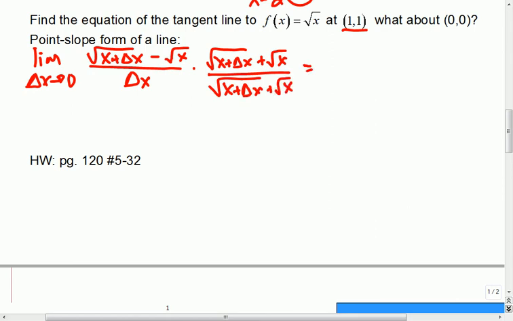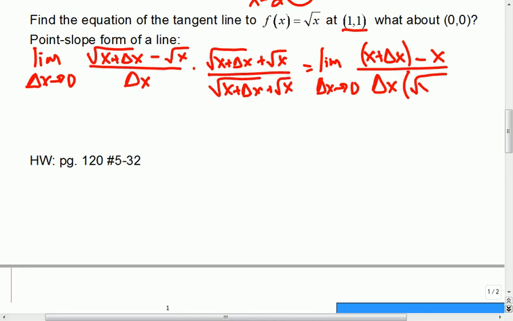If I apply the pattern for the difference of squares, it's going to make life a lot easier. That's going to be the limit as delta x goes to 0. The top is going to be x plus delta x, and then take away x. And on the bottom, I'm going to have delta x times the square root of x plus delta x plus root x.